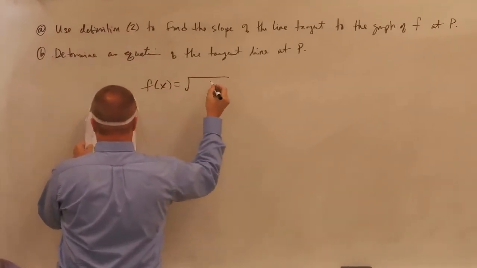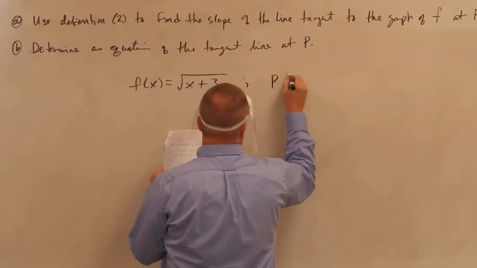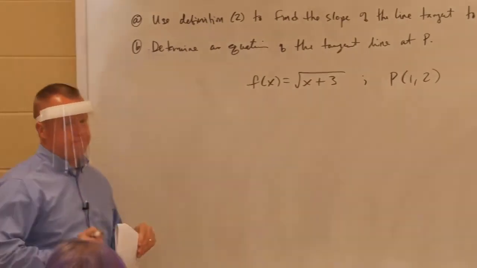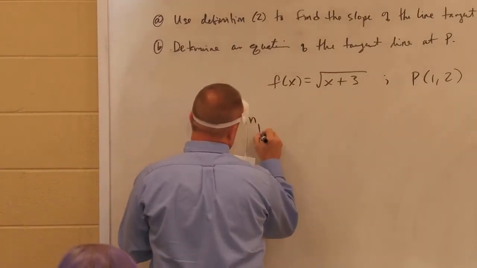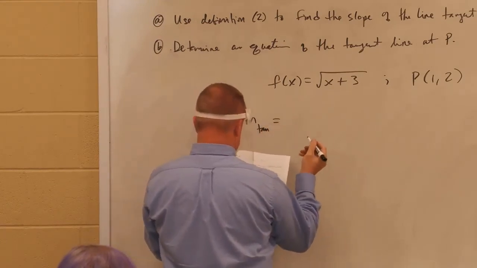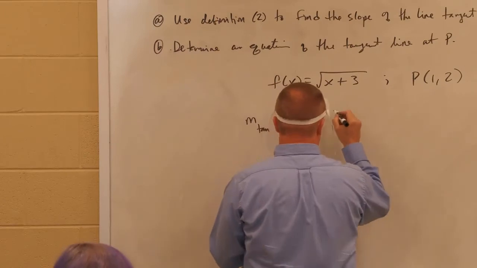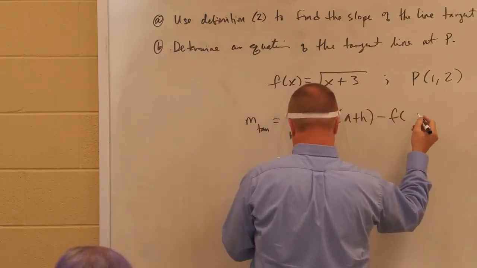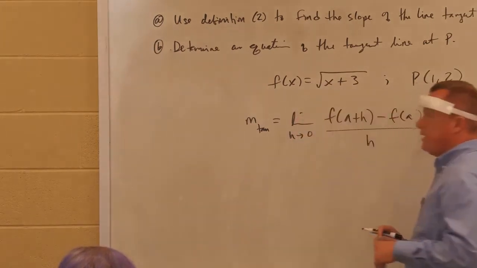f(x) equals square root of x plus 3 at x equals 1. Okay. So again, my slope of the tangent line is the limit as h approaches 0 of f of a plus h minus f of a, divided by h.